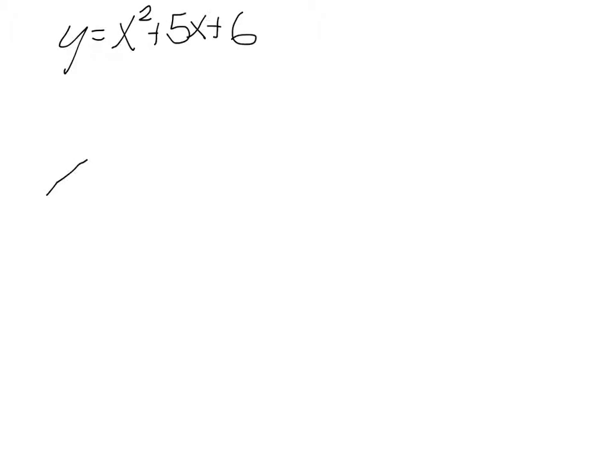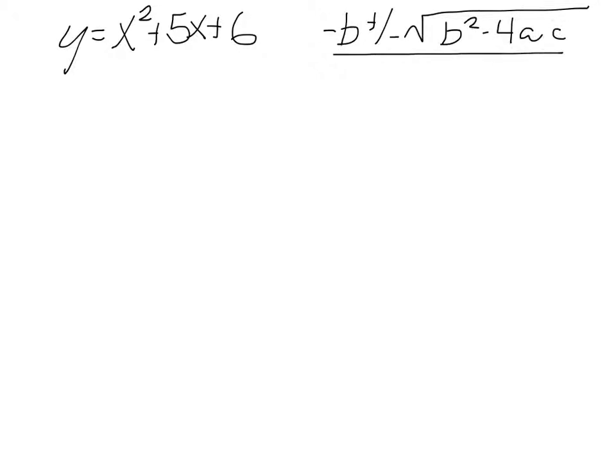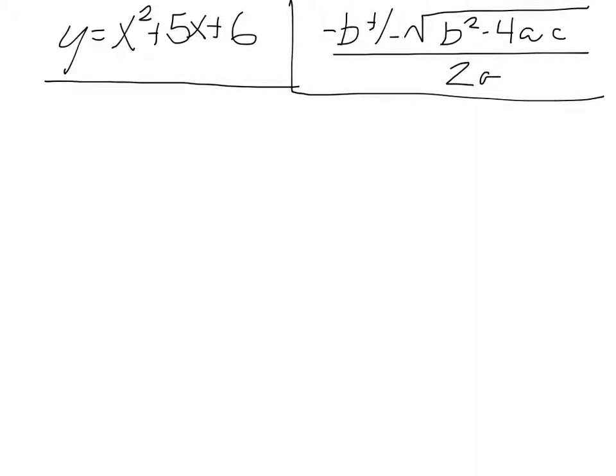I know that I need to put this into my quadratic formula, so I'm going to also write that over to the side. I'm looking at negative b plus or minus the square root of b squared minus 4ac, and all of that is going to be over 2a. So I have what I'm working with and the original equation that I'm given.